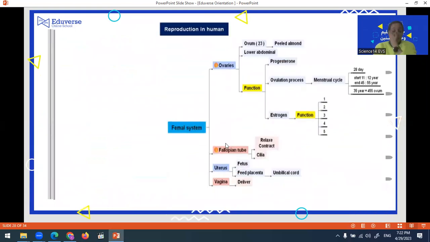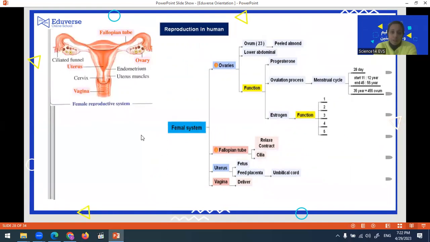Now let's talk about the female reproductive system, which, shabab, consists of how many main parts? 4 main parts: the 2 ovaries, the 2 fallopian tubes, the uterus, and the vagina. First, let's talk about the ovary. The ovary is a gland, so it must secrete something, and it contains what?